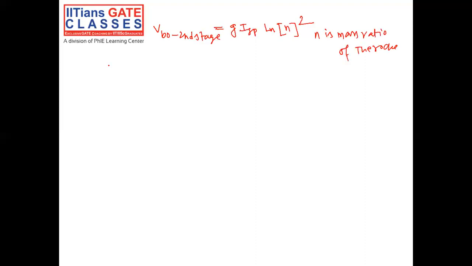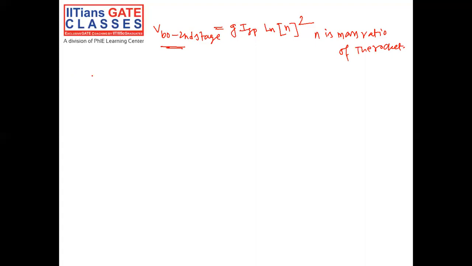So if we just write the expression of this burnout velocity at the second stage, it is g Isp log of n, where n is the mass ratio of the rocket. So this is the expression of burnout velocity at the second stage for a two-stage rocket.